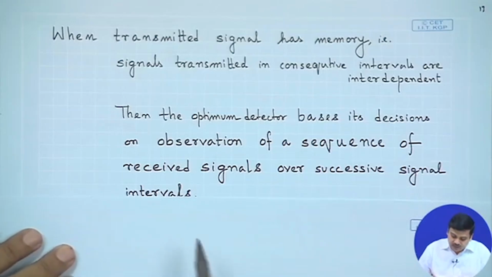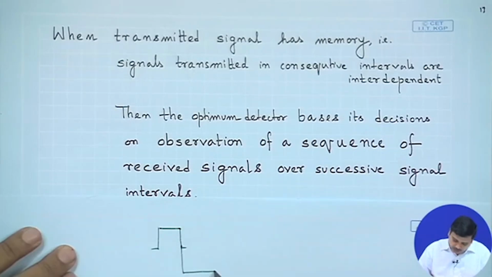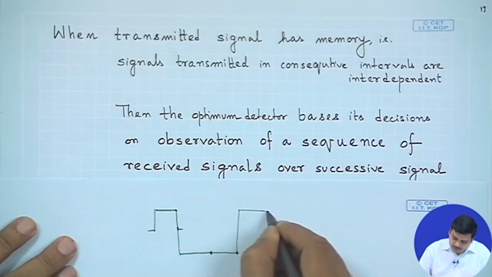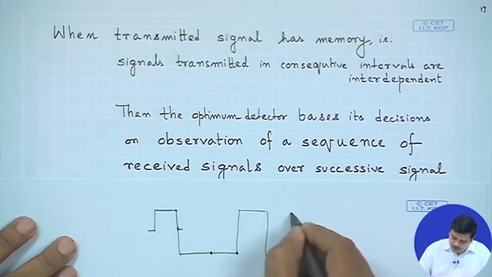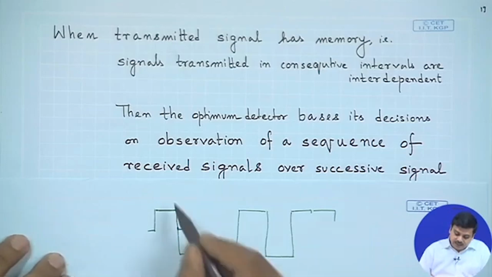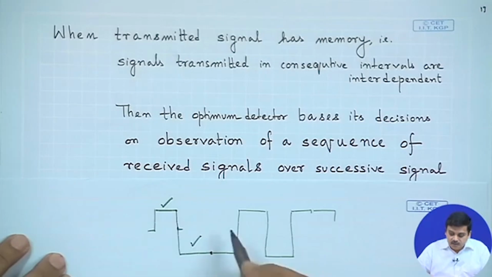So, what it means is that suppose I have a signal which is present here, followed by a signal there, and then maybe the next signal is this one. In the previous case, we said that this signal is independent of this signal, which is independent of this signal, and so on and so forth.